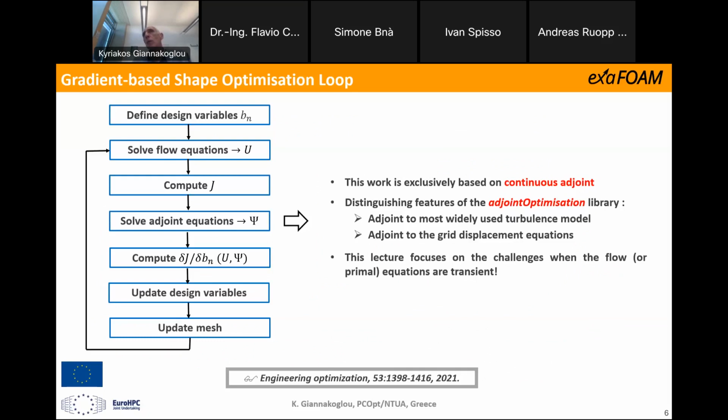And using U, the primal solution, and psi, the adjoint solution, we are now ready to compute delta J, delta bn, which is the required gradient of the objective function. Using delta J, delta bn, the next step is to update the design variables, update the surrounding CFD mesh, and then go back and repeat the optimization loop.